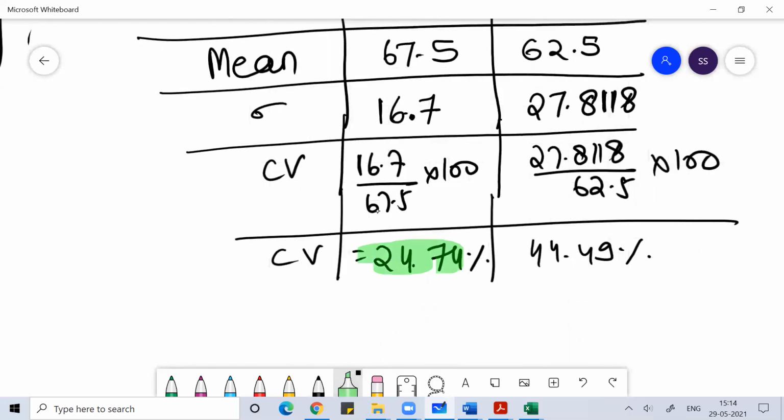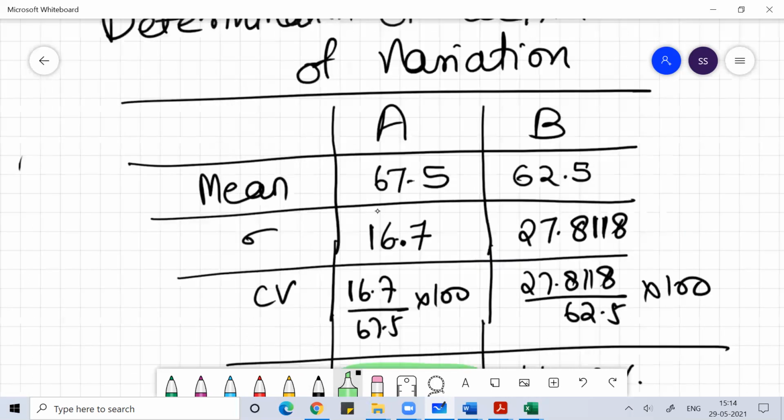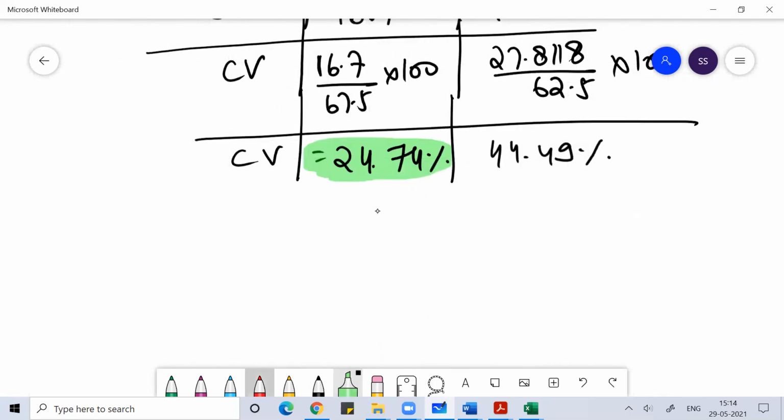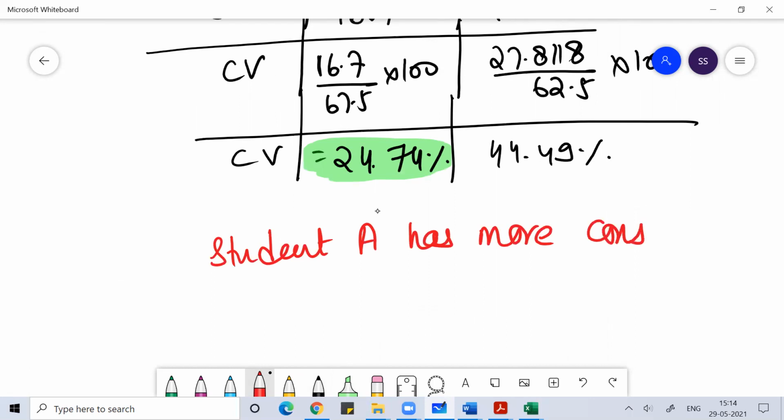Not firm, sorry, here we are talking in terms of students. So we know the coefficient of variation of the two students. Whichever student has the lesser coefficient of variation will be more consistent in performance. So student A has more consistency in performance.